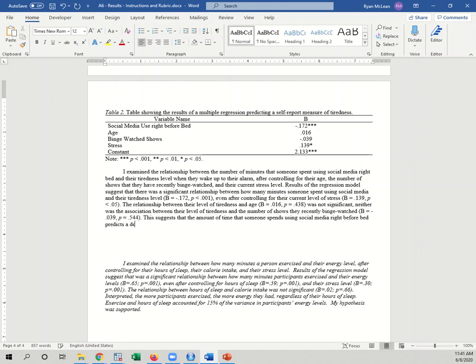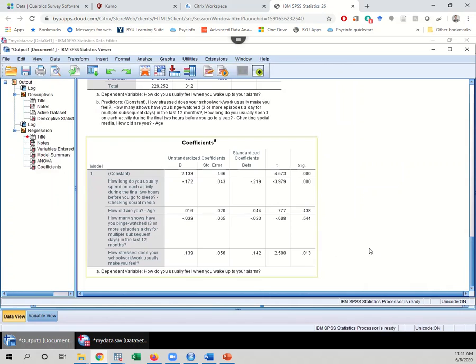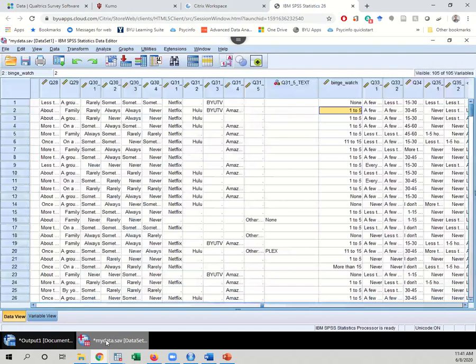So that the amount of time that someone spends using social media right before bed predicts a decrease, or I'll rather say is associated with lower levels of morning tiredness, even after controlling. I can also say someone feeling, oh wait, hold on, actually, hold on, I think I just found an error.